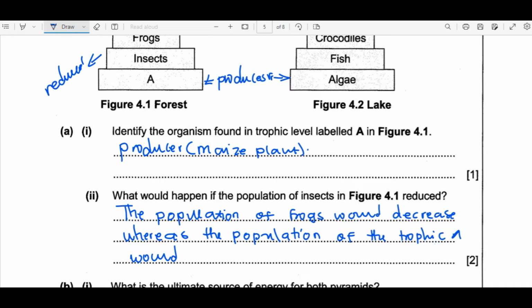Let's hope you are able to grasp the information. For this one, it would increase. Why? Because the population of insects, which it is supposed to feed on, has decreased. So the population of A will increase because there is nothing to feed on them.